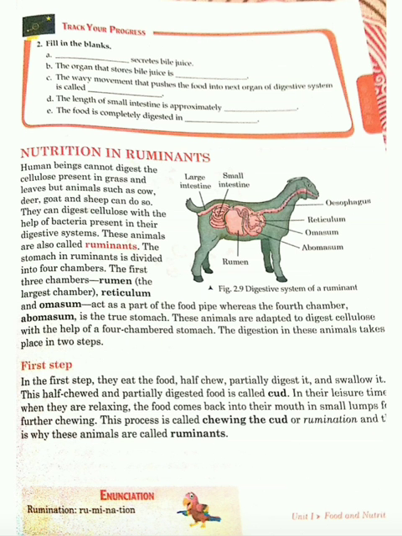This process is called chewing the cud, or we can say this process is called rumination. What is it called? Rumination. And that is why the word ruminant is given to this type of animals. So I think the first step involved in nutrition of ruminant is clear to you.